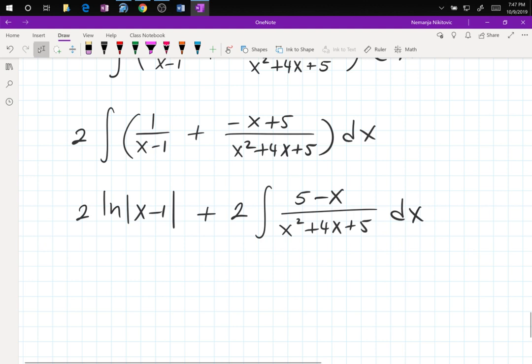When you have plus and minus in the numerator, you can separate into 2 integrals, and then you would have 5 divided by quadratic and x divided by quadratic, and we are still doomed. Integration by parts. So how would you split it for integration by parts? Yeah, when in doubt, integrate by parts. That's the saying.